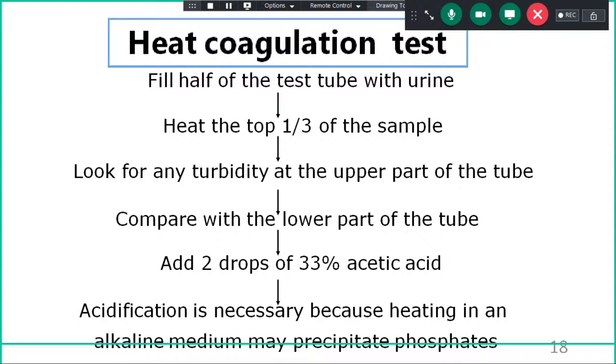So acidification is necessary, because if the white precipitate is because of phosphate, it will disappear on adding 2 drops of 33% acetic acid.